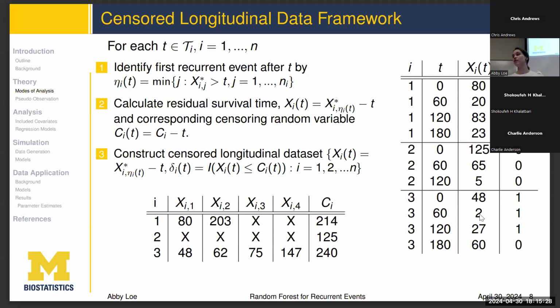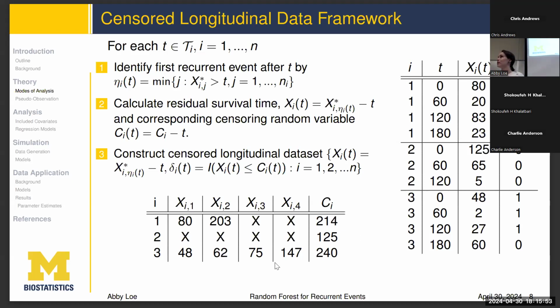So there are 2 days left until their next event, but we don't care about how many events you experience after your first recurrent event in that window. We just want to know the time until your first recurrent event, given that you've survived up until time T. So we miss 75 because there's no follow-up window that we've pre-specified that is between 60 and 120.